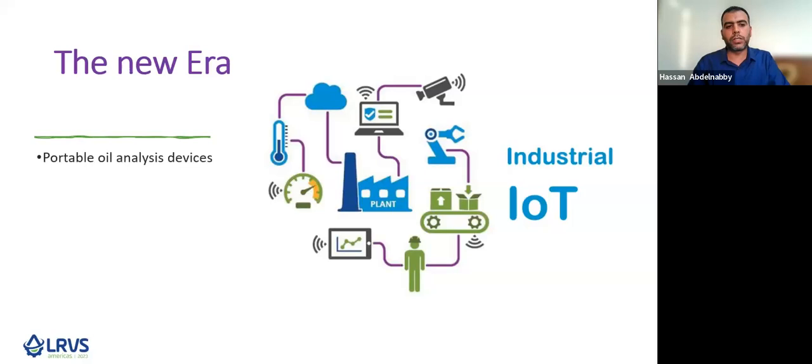Of course, there are now portable oil analyzers that can give you instantaneous results in the field. If you need it, you can do it. Of course, online particle counters, I have 3 installed in my facility, that can give you particle count, temperature, and also the water content, which is good as an indication.